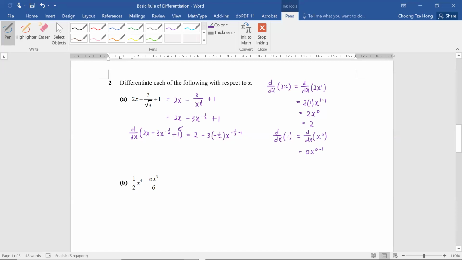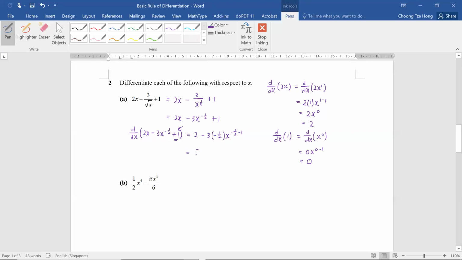But because there's a 0 in front and you are multiplying by it, no matter what happens behind, it will just become a 0. So whenever you differentiate a constant number, such as the 1 here, you are left with a 0. But because it's plus 0, we don't have to write it out.